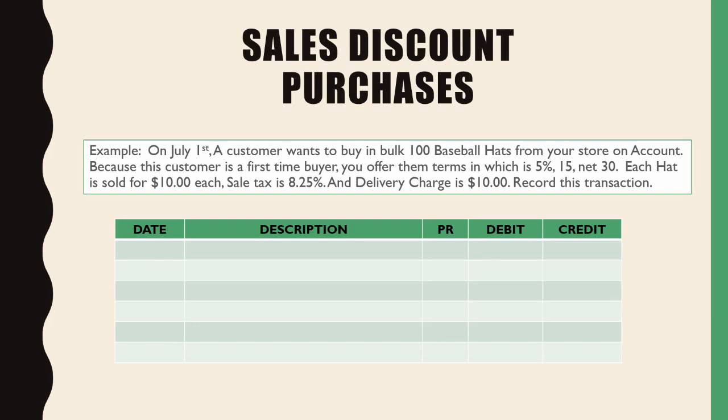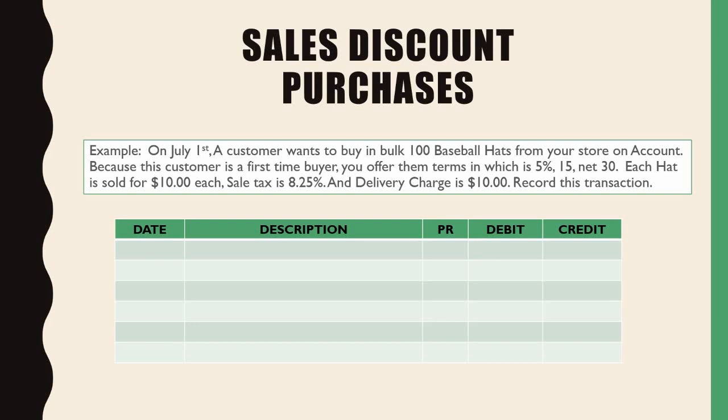Because this customer is a first-time buyer, you offer them terms in which it's going to be a 5% discount if they pay within the first 15 days. If not, then they have to pay the whole thing in full by 30 days. Each hat is sold for $10 each. Sales tax is 8.25%, and we tacked on a delivery charge as well for $10.